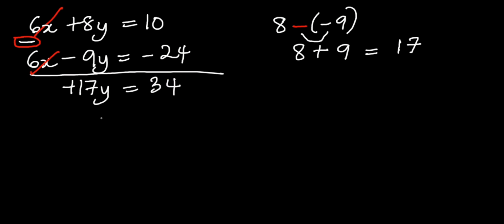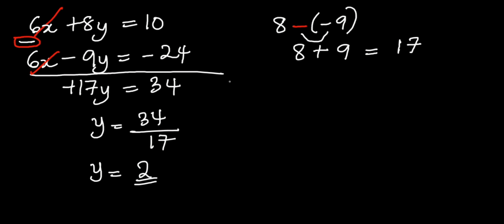Now, making y the subject, y will be equal to 34 divided by 17. And 34 divided by 17 is equal to 2. So y is equal to 2. We can now easily substitute the value y equal to 2 in any of the equations. So let's substitute it into equation 1.